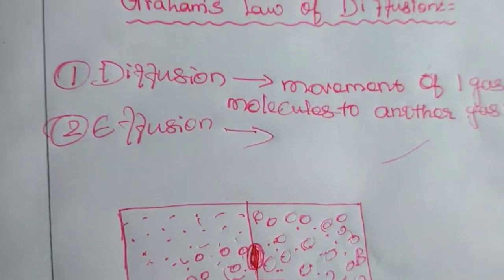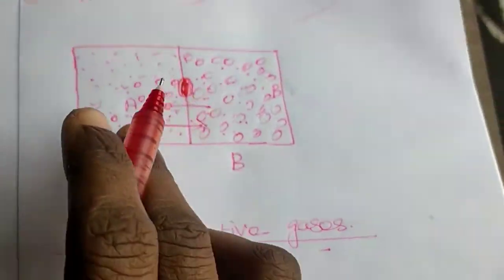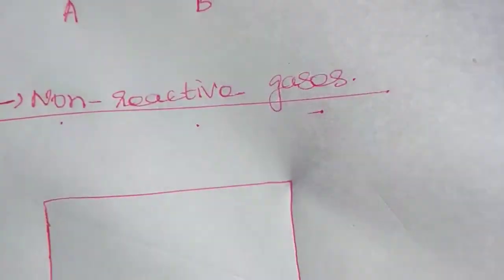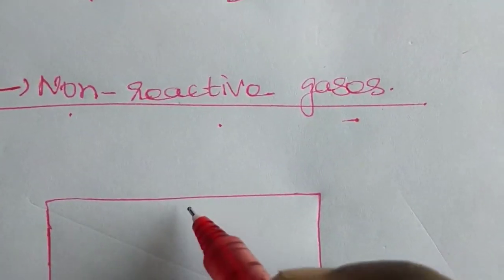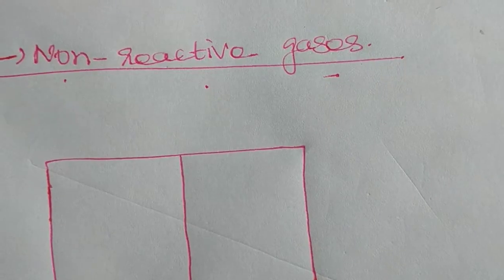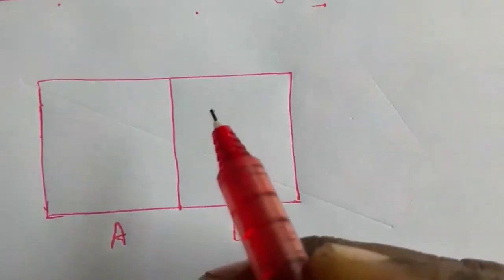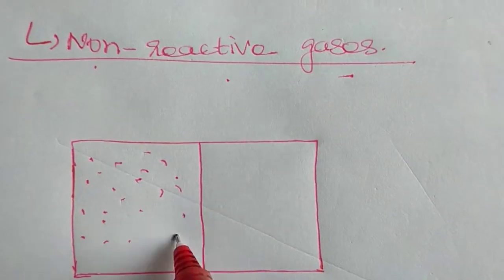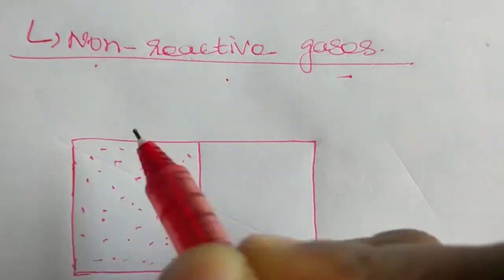So you can take a system to understand the effusion process, like the system we explained here. Take a system which contains two parts. This is A part, this is B part. Now fill A part with gas, any gas.